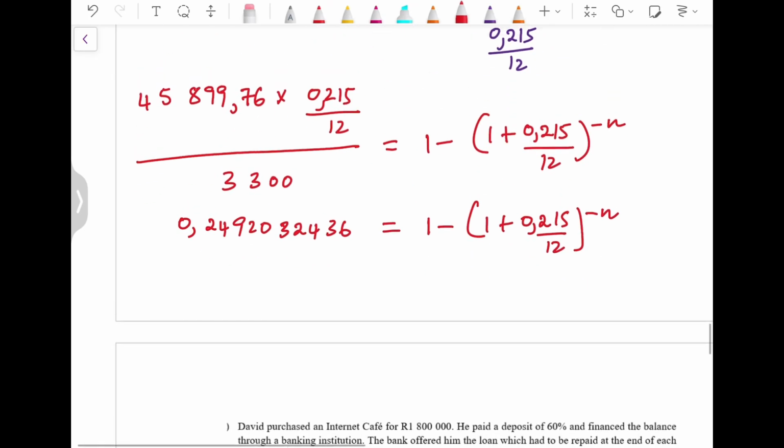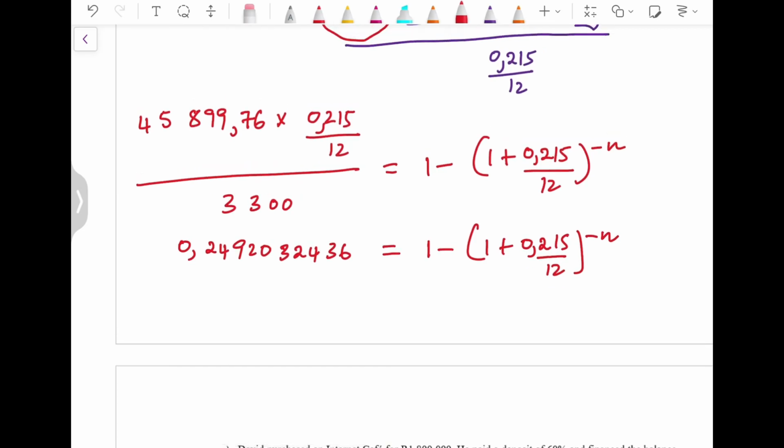If I transpose 1 here, I am going to have negative 0,75079675 64 is equal to negative 1 plus 0,215 over 12 to the exponent negative n.